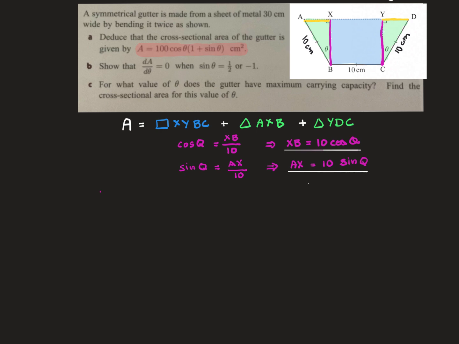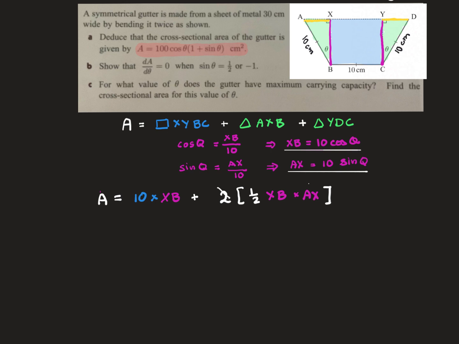And so the area of the rectangle, which is 10 times XB, plus two lots of triangles, which are going to be a half times XB times AX.